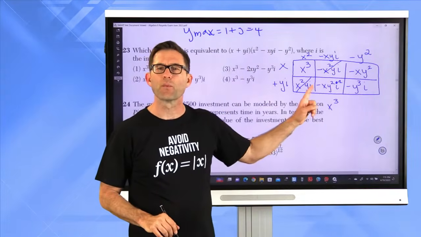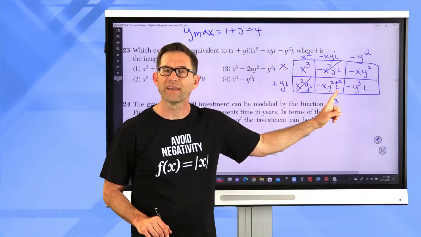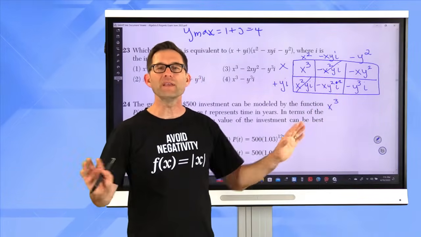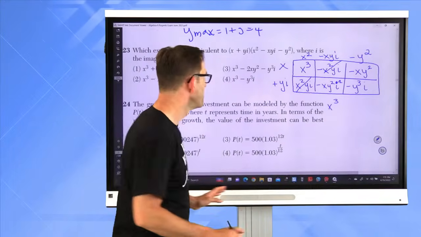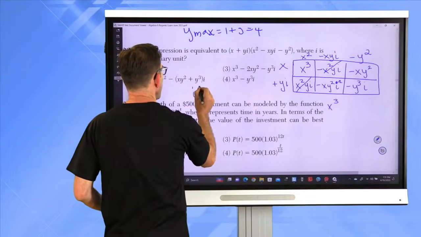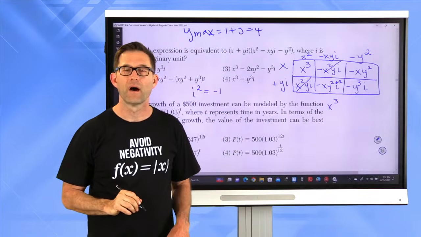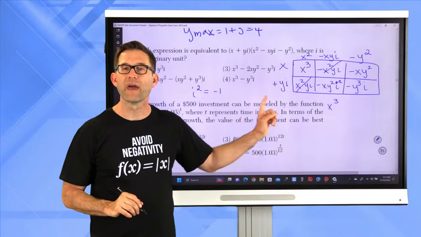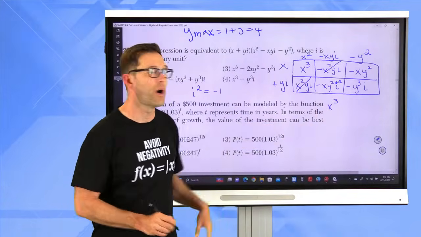Now, here's an interesting one because we have negative x times y squared times i squared. And that is the only time this whole imaginary thing is going to come into this problem, because the thing we're supposed to know is that i squared is equal to negative 1. Which means I can replace that i squared with a negative 1.